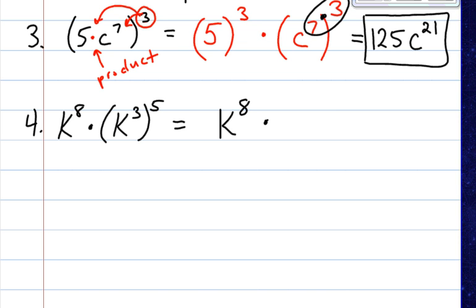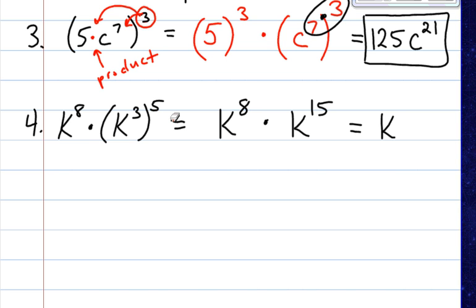So the k cubed to the 5th power, that is a power to a power, so I'm going to multiply 3 times 5 to get 15. Okay, so that's the first thing that I do here. Then the second thing is now I have like bases, k times k. So when I have like bases and I'm multiplying them, then you add the 8 and the 15.